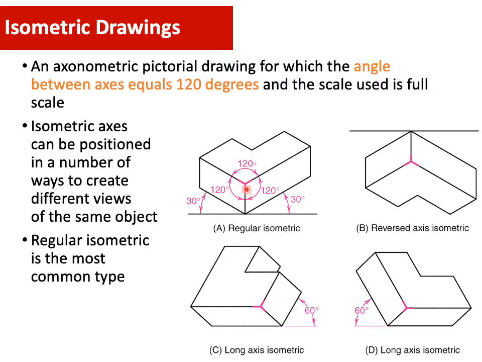So you need to have a point with 3 axes at 120 degrees. You can see there are 4 ways to create different views of the isometric axis, but as long as you draw a point with 3 axes.